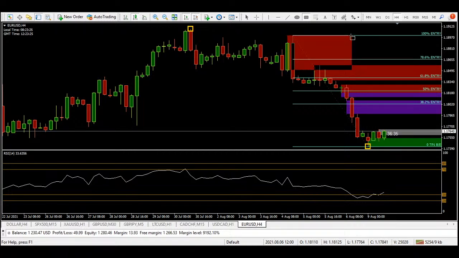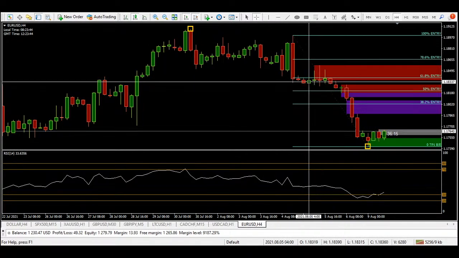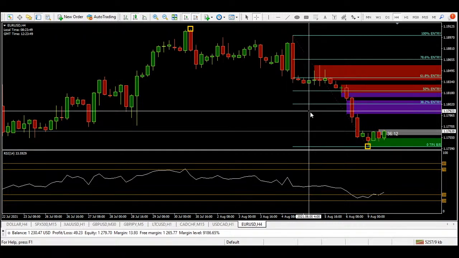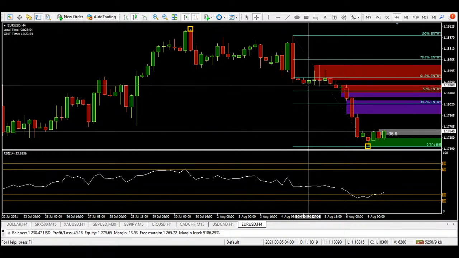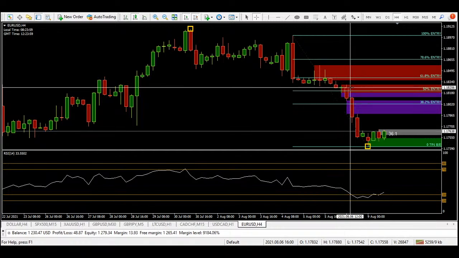We do have one on the 78.6, ending at, of course, our 100, because that's where I started the Fibonacci, but it has been tested. That zone has been tested. This zone has not been tested, unless we include that whole doji. That's been tested, but this zone has absolutely not been tested.